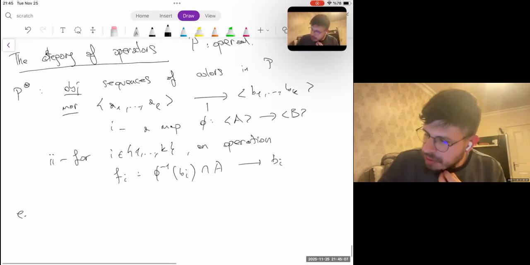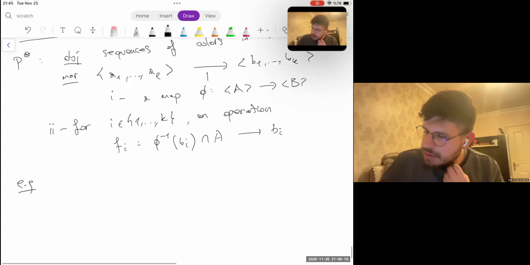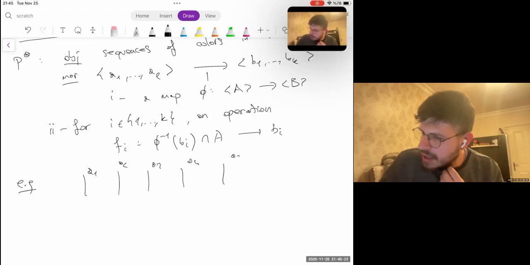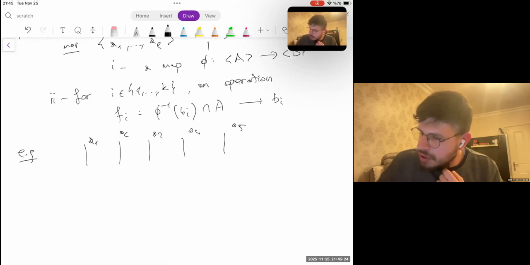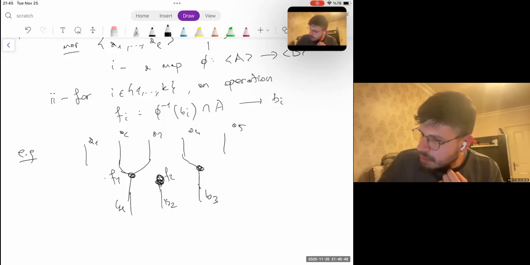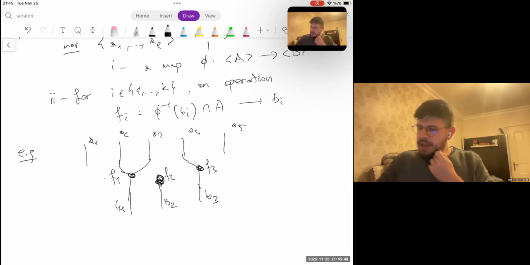So let me do an example. Let's say I have my operad and an operation from the sequence A1, A2, A3, A4, A5 into B1, B2, and B3. You pick some operation F1 here, some operation F2 here, and some operation F3 here.